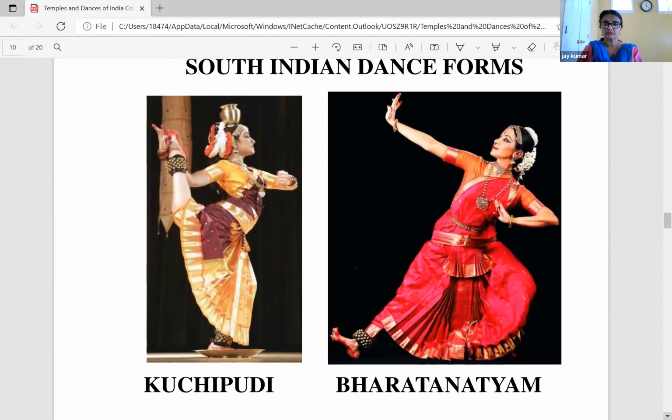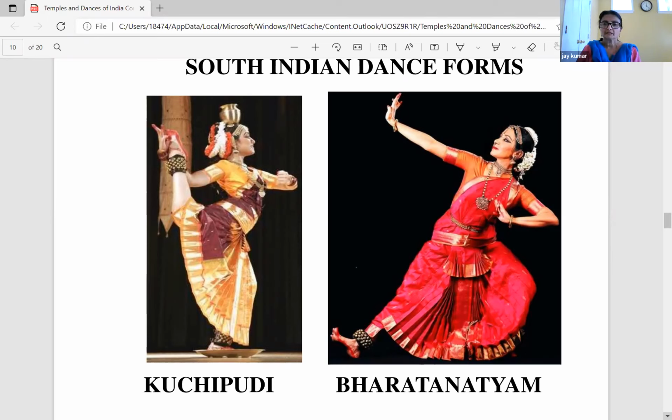The next one on the left-hand side is another picture where this young lady has a pot on her head and she has a plate underneath her foot. She tries to move the plate with her feet, and with the pot on her head, she still tries to dance. This is from the southeastern state of Andhra, and the name of the dance is Kuchipudi.